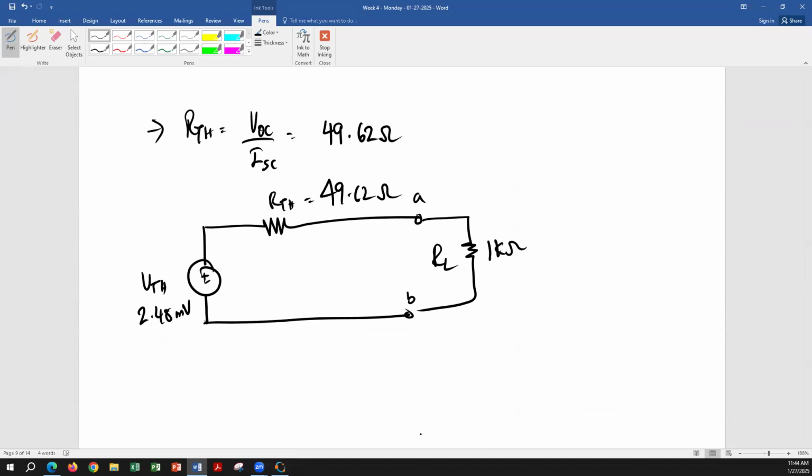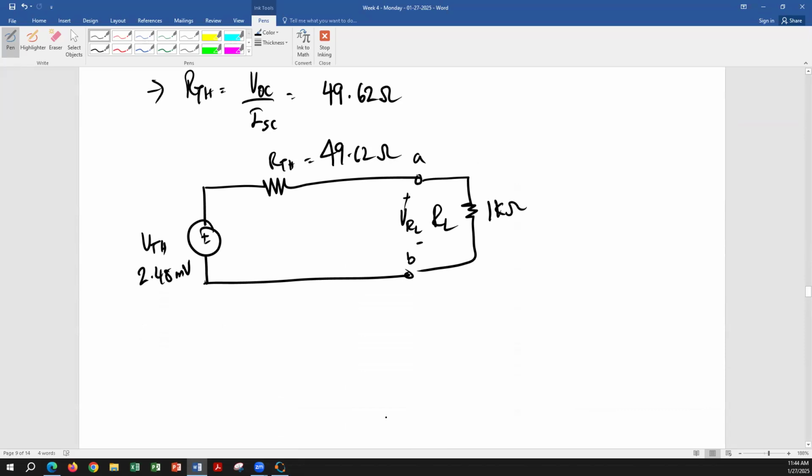Okay. Voltage divider to find the voltage across. All right, so VRL, and then square that voltage and do what? VRL is equal to V Thevenin times RL over RL plus R Thevenin.